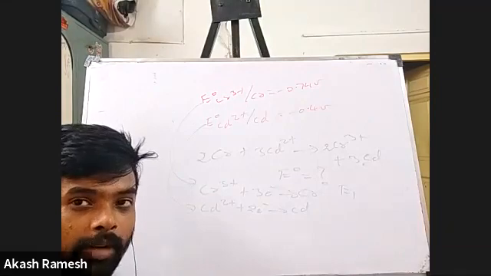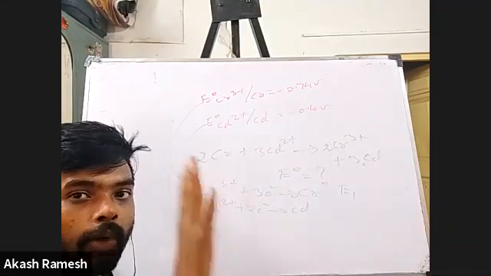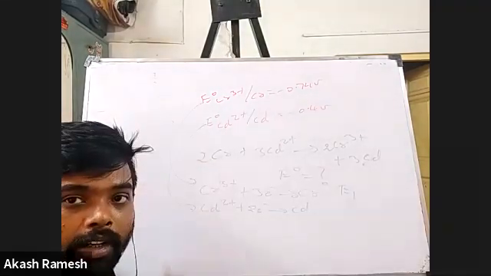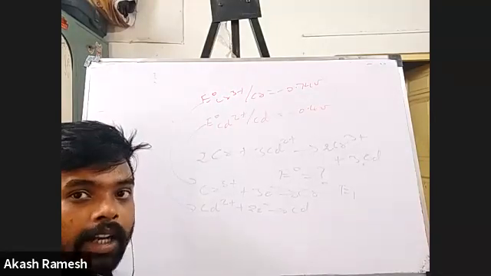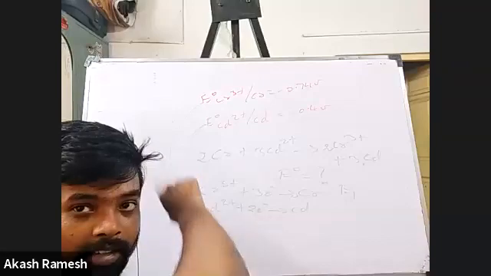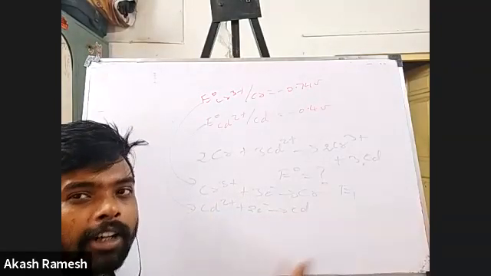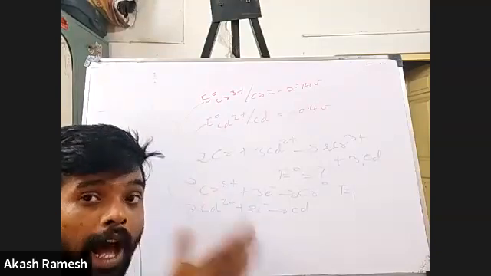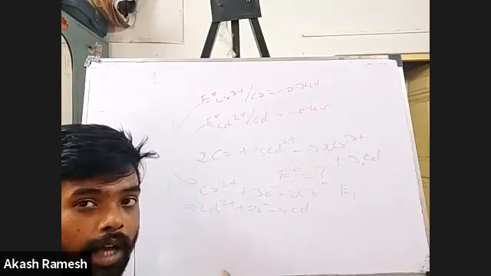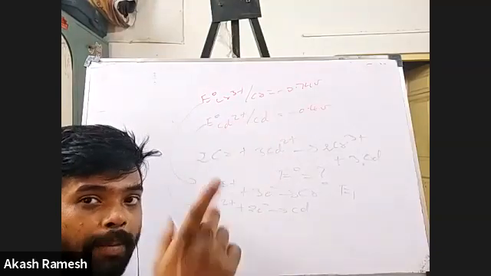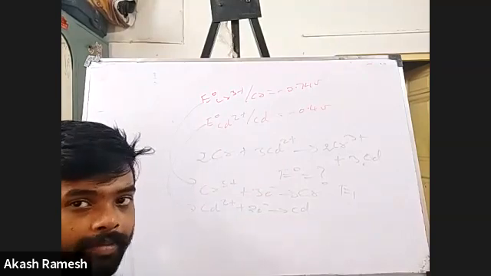Are you able to correlate what we are doing here with your galvanic cells? Just because there were no electrons in the overall cell reaction in that case, you were able to directly add or subtract the reduction potentials of the anode half cell and cathode half cell, directly subtracting cathode minus anode.